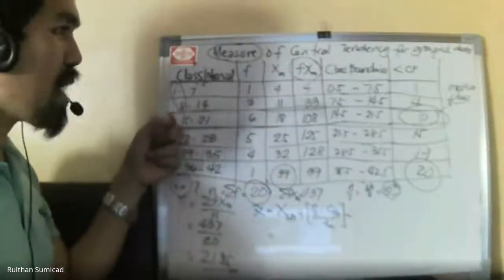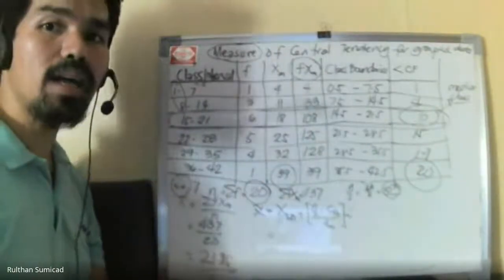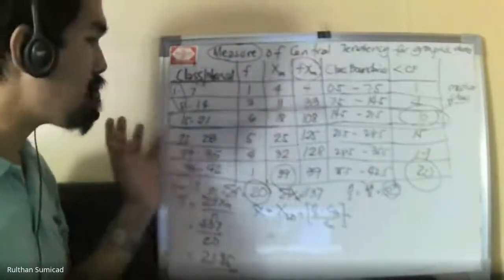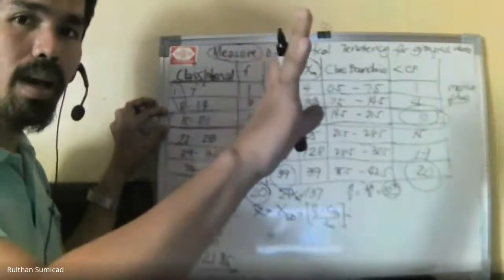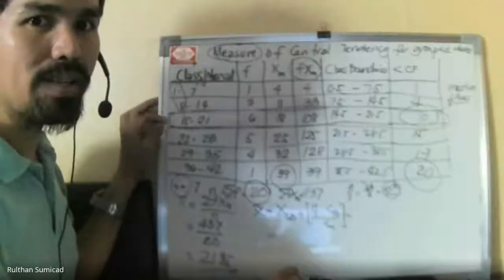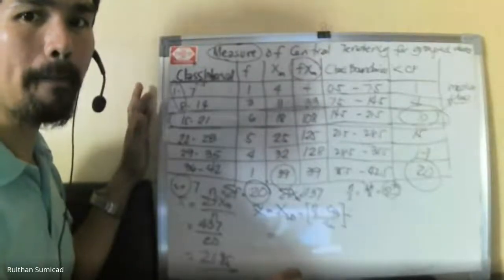So using our information, we located the median class. Now in the median class, we need to find the lower boundary of the median class. If I'm going to ask you, what is the lower boundary of this class interval? Raise hand. 14.5 and 21.5. See, that's not the correct answer. I said we're looking for the lower boundary.